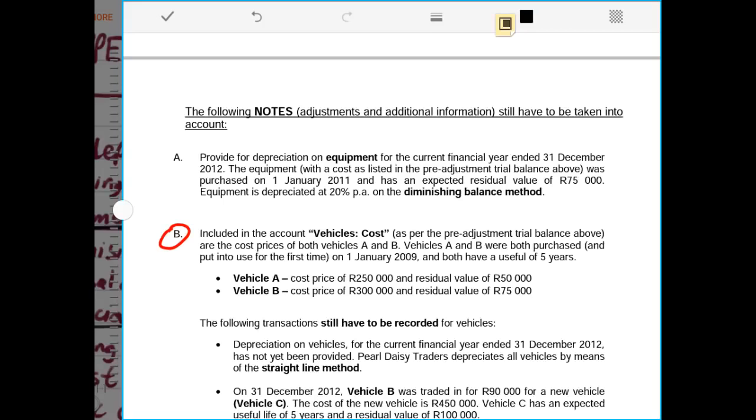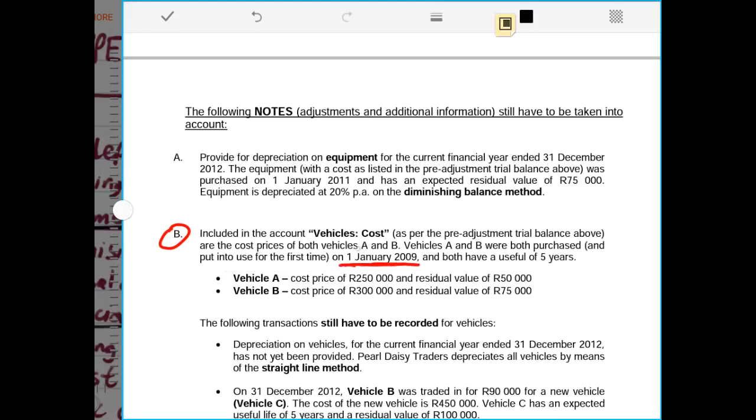Number B says included in the account of vehicles at cost as per the pre-adjustment trial balance above are the cost prices of both vehicle A and vehicle B. Vehicle A and vehicle B were both purchased and put into use for the first time on the 1st of January 2009.